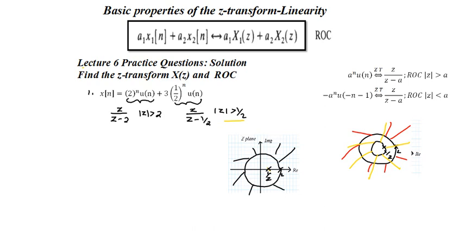So I can say the ROC of the combined signal is modulus of Z greater than 2, and I can write X of Z like this. The first signal is Z by Z minus 2, and the second signal is 3 into Z by Z minus 1 by 2, and the ROC is modulus of Z greater than 2. Okay, that's all about this signal, and we'll explain the next question.